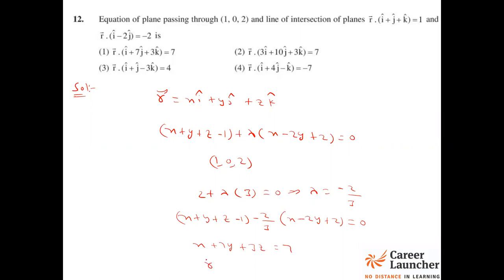Now if you want to convert it into vector form, it will become r bar dot i cap plus 7j cap plus 3k cap is equal to 7. So option 1 will be the answer for this. This is how you can solve.